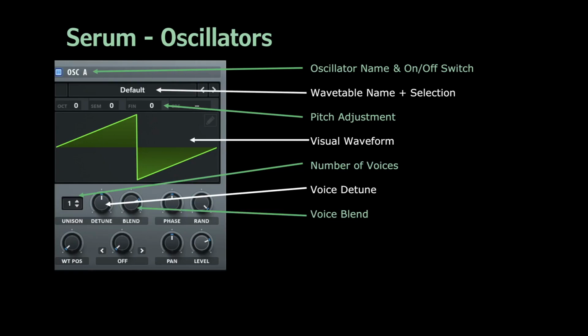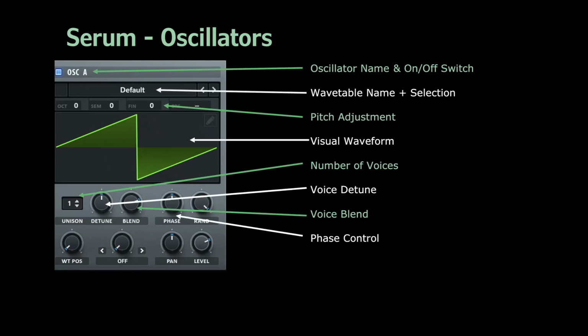Voice blend determines the level of the extra voices as opposed to the primary one. So if your voice blend is all the way up, then your extra voices will be sounding a lot louder than the main one, and if your blend is all the way down, your main voice will be sounding a lot louder than the other ones. So if you have a lot of detune going on, it's a good way to fine adjust things and mix them together a little bit.